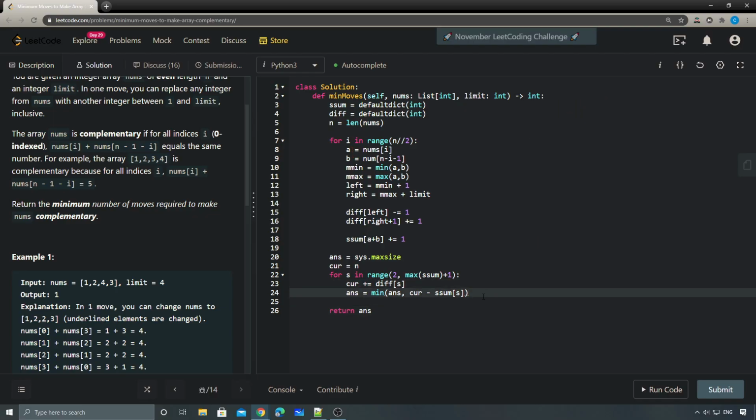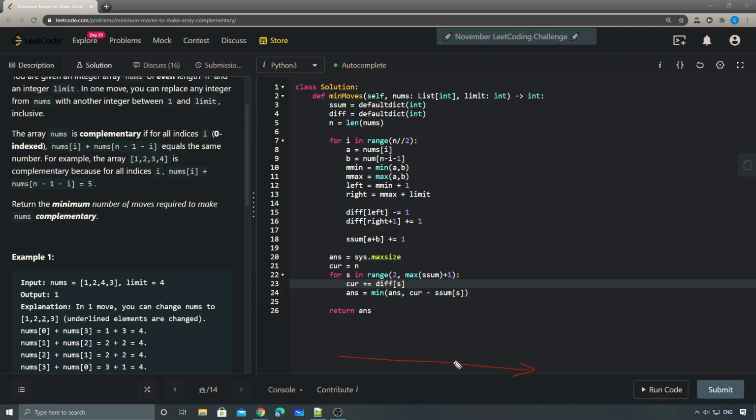Yeah, I think that's it because we're maintaining these things, right? We're trying to get the minimum for each of the sums. And the sum is simply accumulating the difference by doing a line sweeping of this 1D line here.